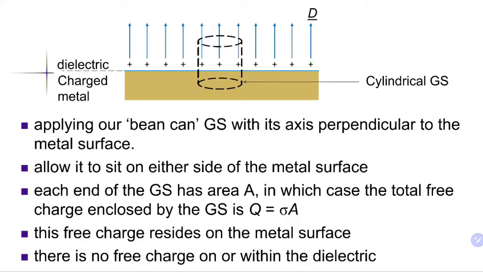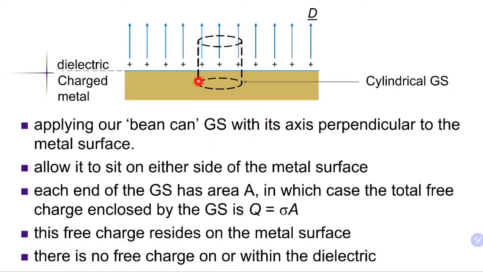And now we can apply our Gauss's law. To apply it, we need a Gauss surface. The most appropriate surface for this will be a cylinder, what we call a bean can.